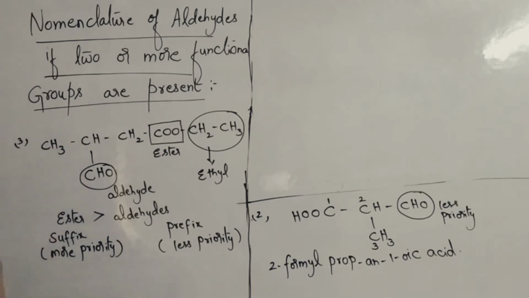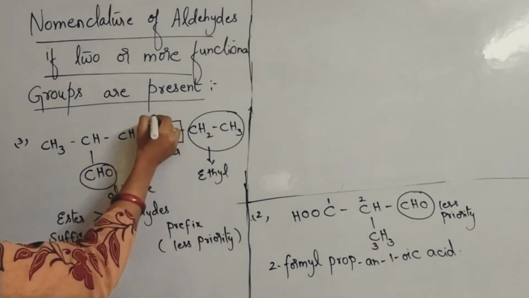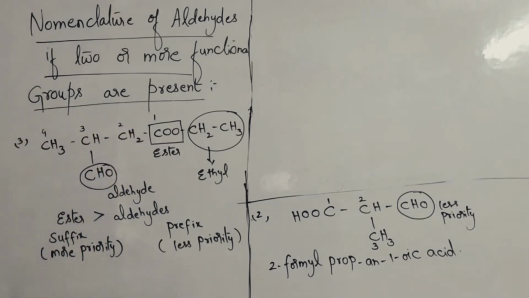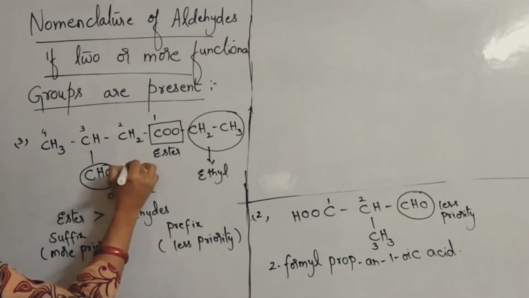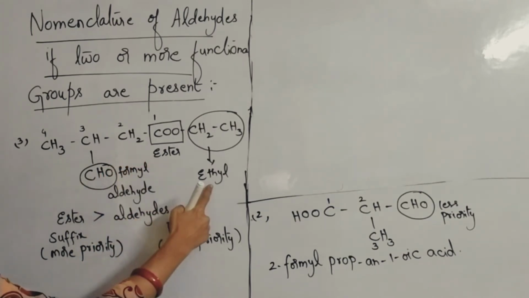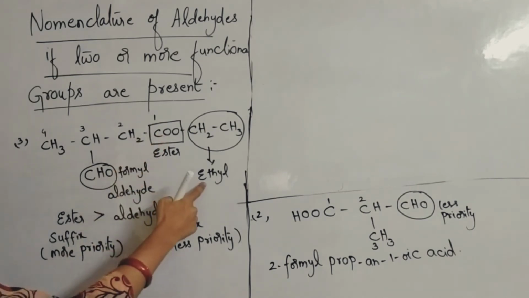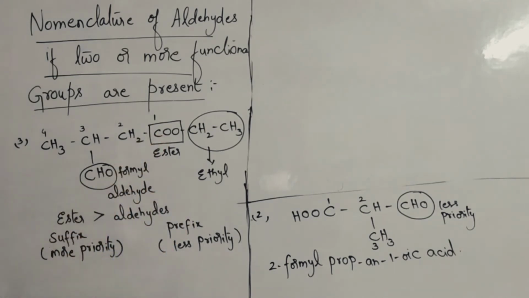Where that formyl group is connected? Please check carefully. Ethyl, 3 formyl. You will be giving numbering from here. 1, 2, 3, 4. So this will be formyl group, and this will be the ethyl group, and this is ester group. So ethyl and formyl, you will be giving first preference to what?